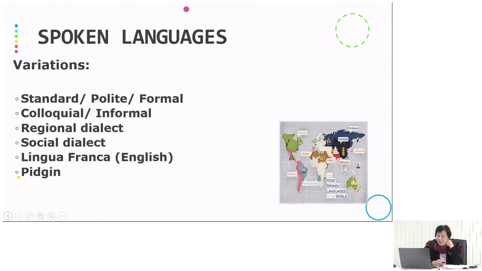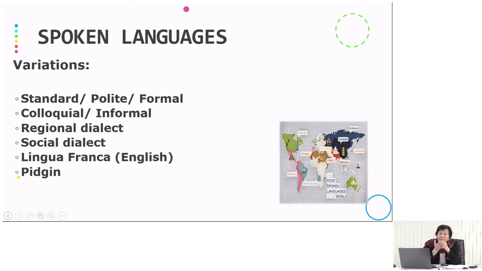What does it mean by dialect? Dialect means the language that is used in different regions, different areas, but can be understandable. Even though different, most of the forms are understood. See, we call dialect.